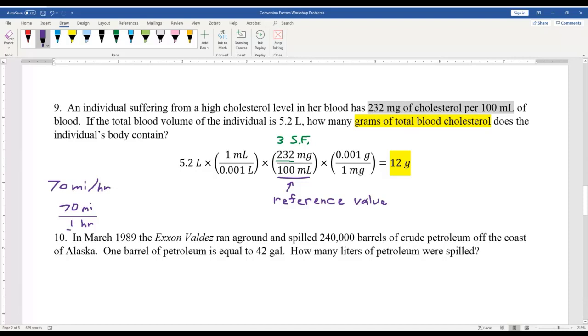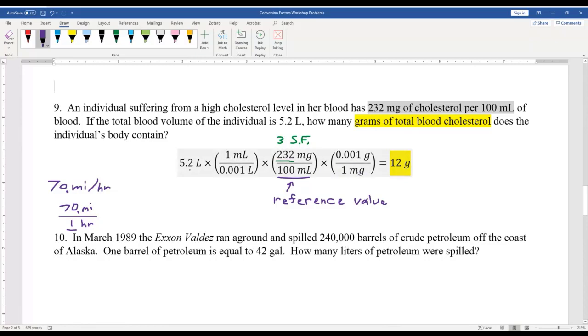But that 1 is a reference value. It doesn't inhibit your significant figures. Now the 70, if I have a decimal point there, would be 2 sig figs, but the 1 has unlimited significant figures because it is a reference value. So just something to keep in mind.